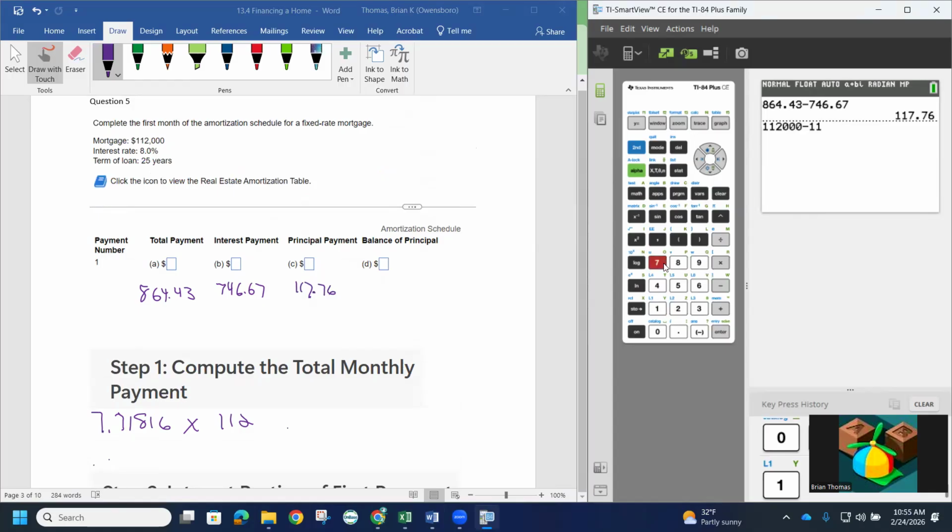So $117.76. This is going to be the balance after one month. So we still owe $111,882.24. So $111,882.24 would be the balance on my principal.